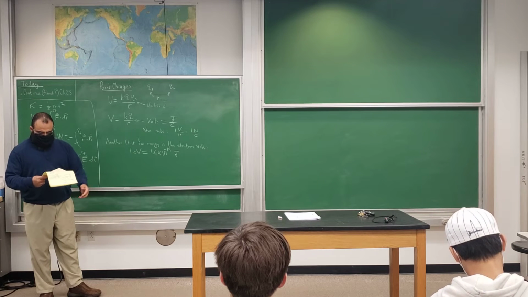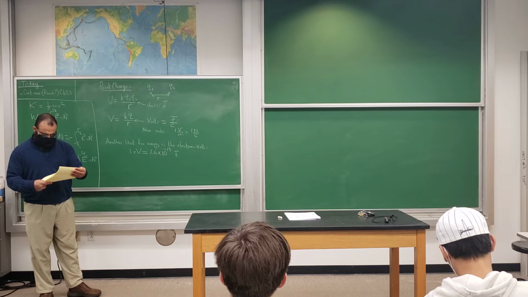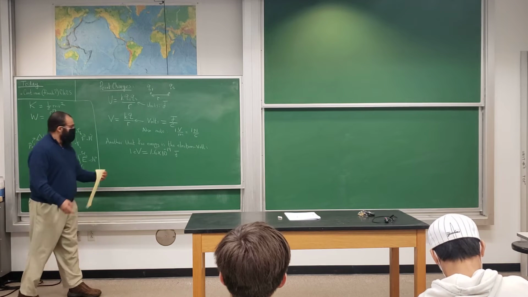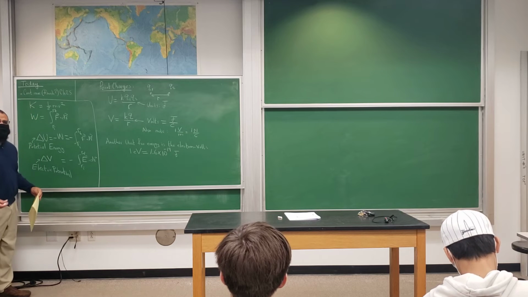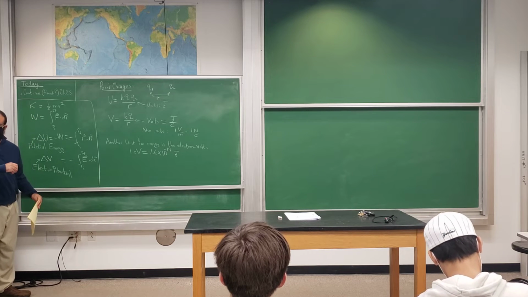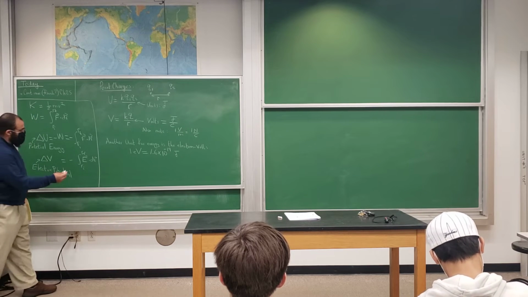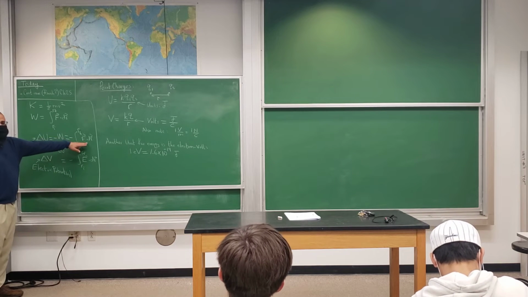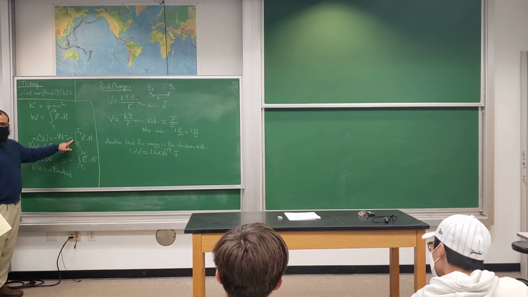Let me make sure I have mentioned everything I want to mention. Almost, I think. We'll do this more in the next chapter: to get the potential energy, it involved integrating the force with a minus sign.